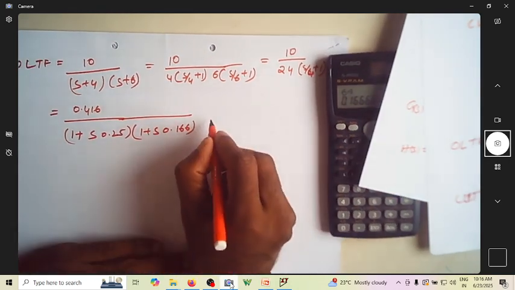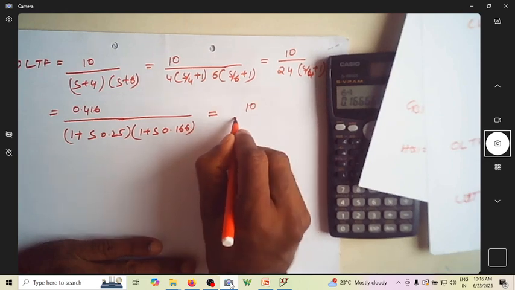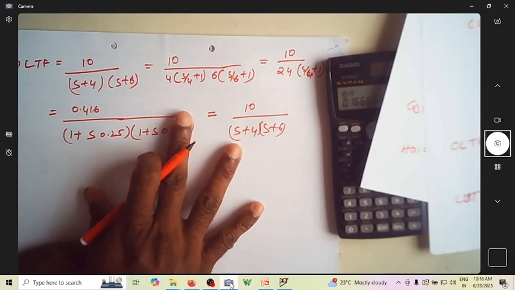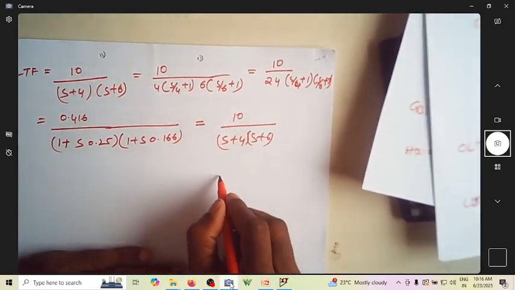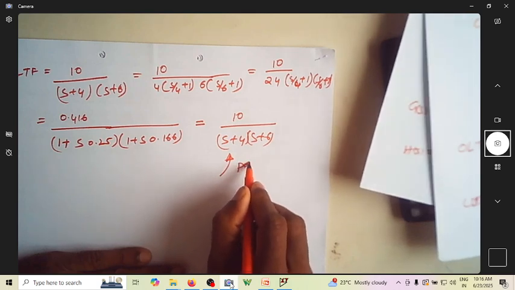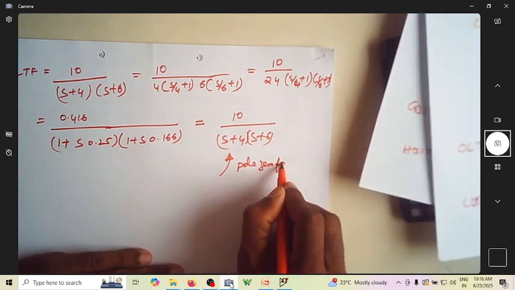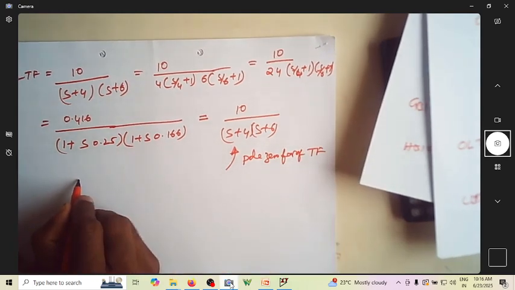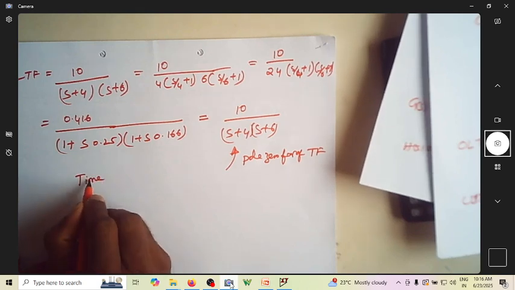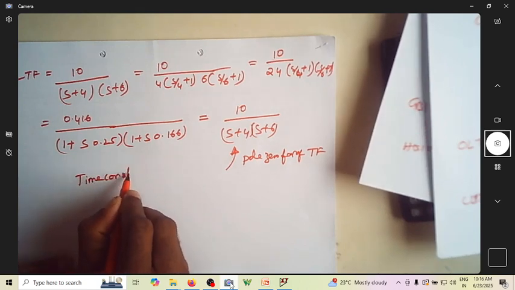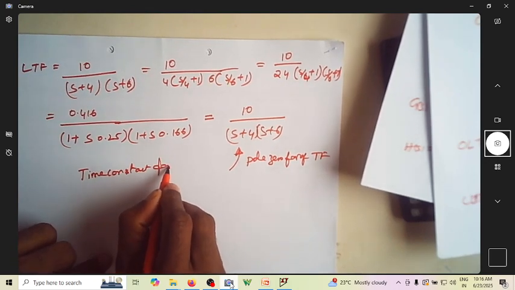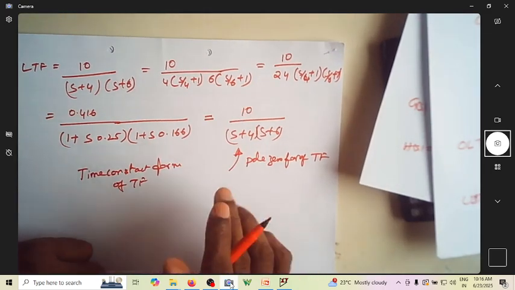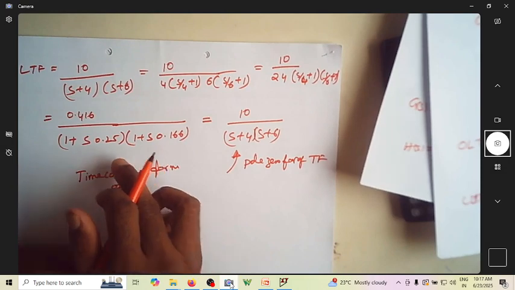Now this is exactly the same as 10 by (s plus 4)(s plus 6). These two are exactly the same. Now we say this is the pole zero form of the transfer function, and this is the time constant form of the transfer function. Both are the same.